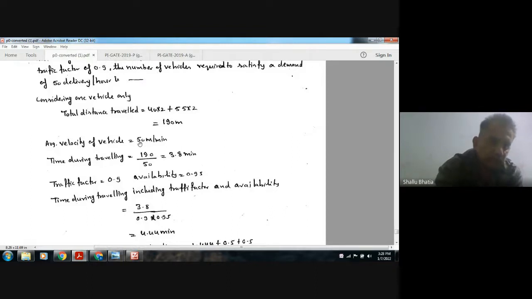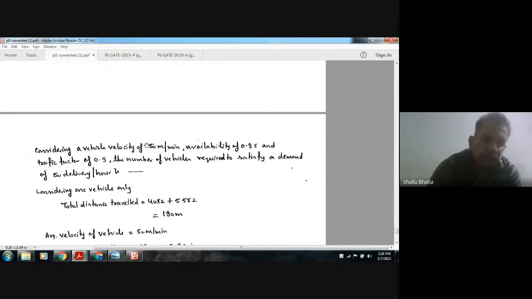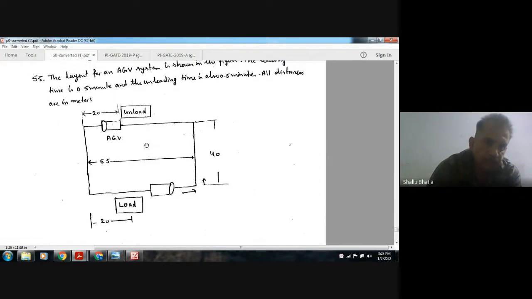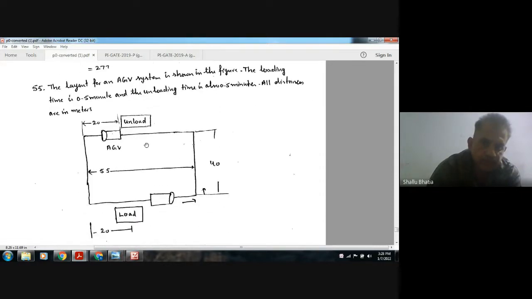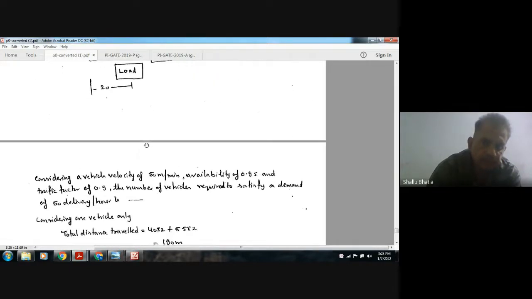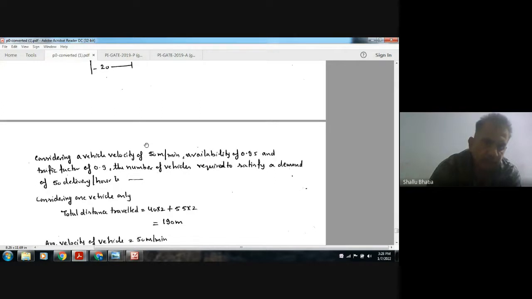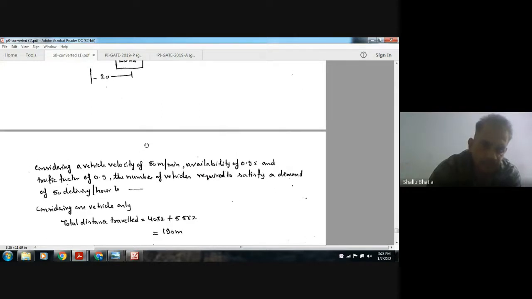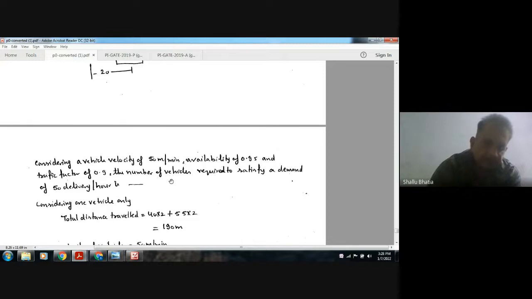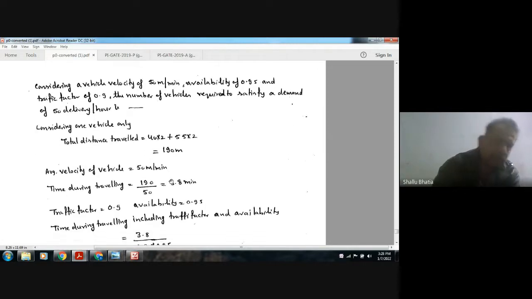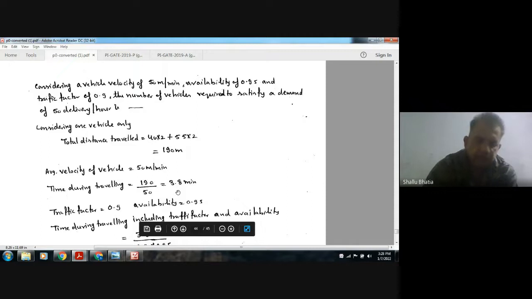The average velocity of the vehicle is 50 meters per minute. So this is distance, this is velocity, and time is 3.8 minutes.